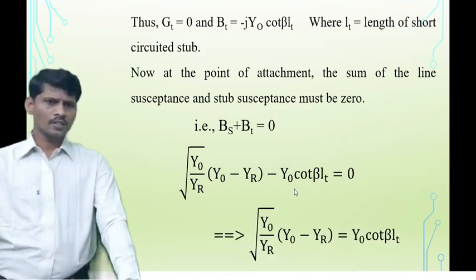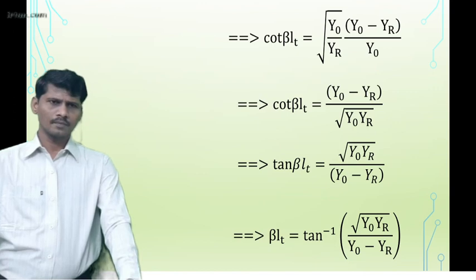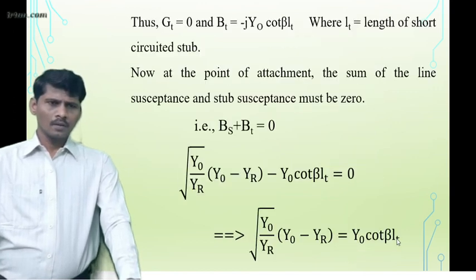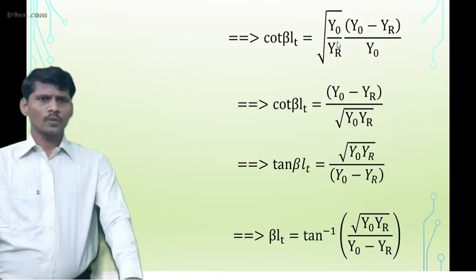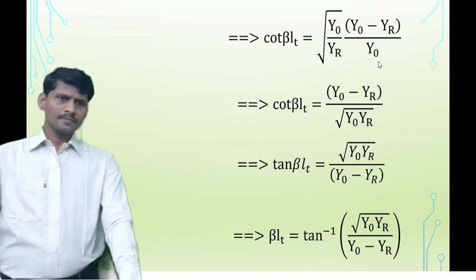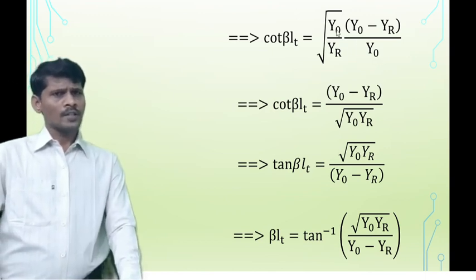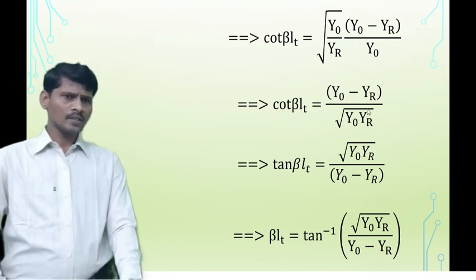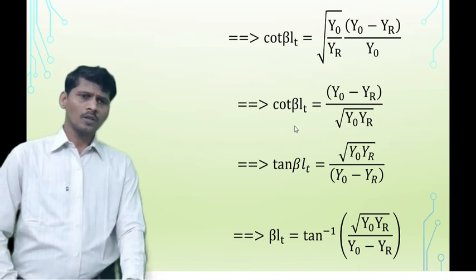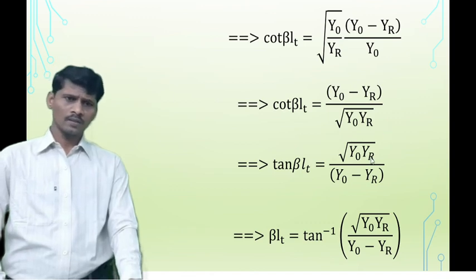And reducing this equation, we get cot beta Lt is equal to square root of y naught by yr into y naught minus yr by y naught. Here y naught is written as square root of y naught into square root of y naught. In numerator and denominator, one square root of y naught is cancelled, and the remaining term is cot beta Lt is equal to y naught minus yr by square root of y naught yr.